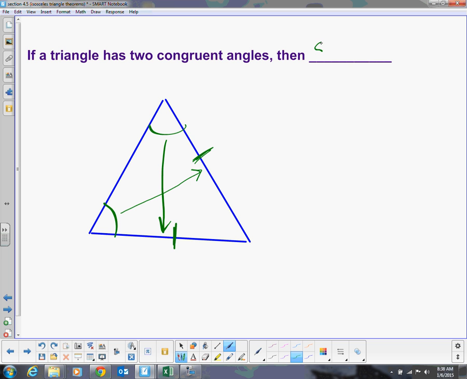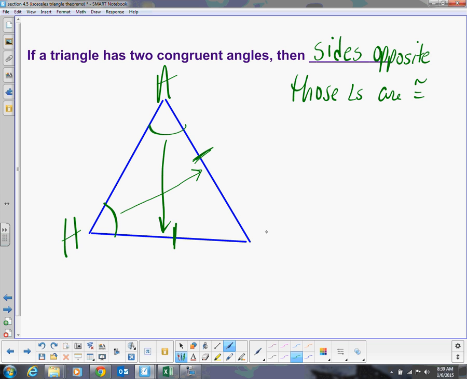Then sides opposite those angles are congruent. All right? So if this is HAT, who is the vertex angle? T.